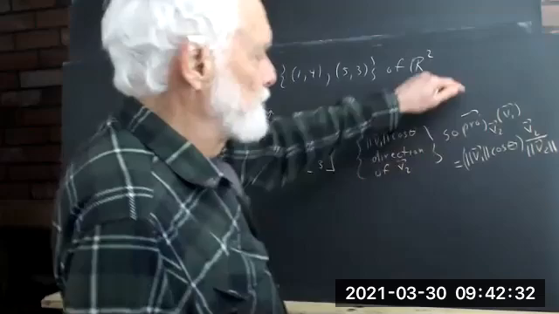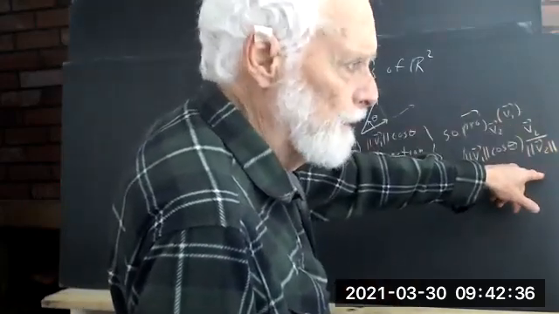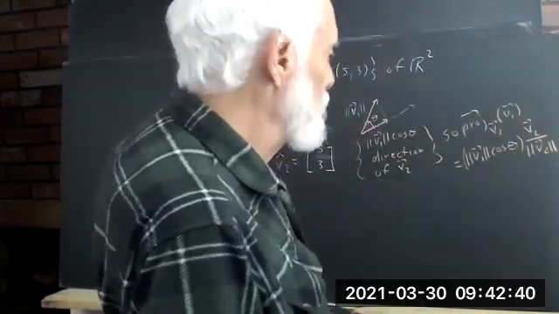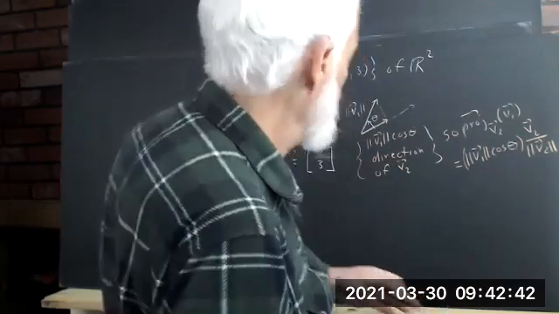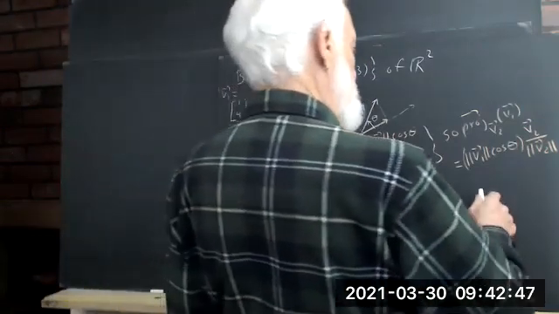Okay, so why this vector? Well, we know that this vector is a unit vector in the direction of V2. Okay.